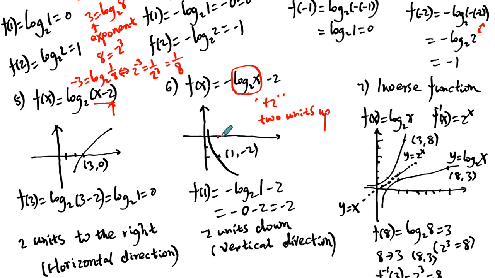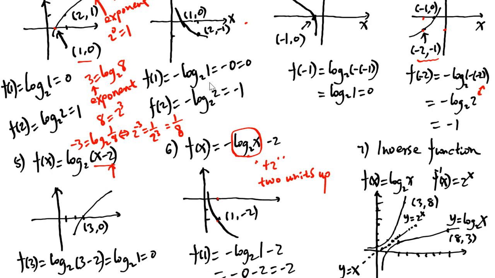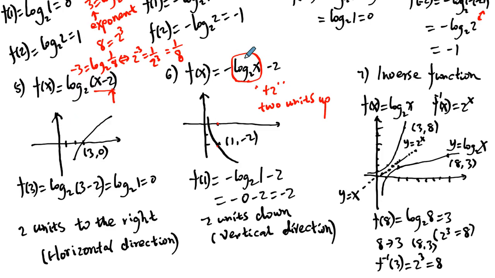Okay, then 2 units down, because you did this operation first. Flip the picture, there is a negative based on that. And then every value you got for y previously, you have to subtract 2. By the way, if you have a plus 2, then that will be 2 units up. The shape will be the same, decreasing, but it's 2 units down. So 2 units up for plus.